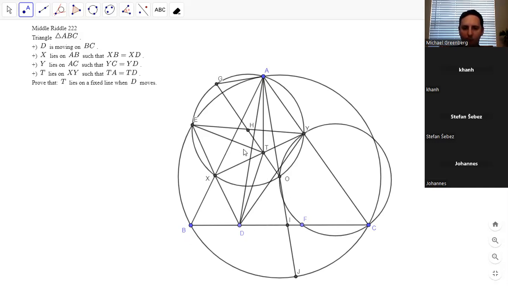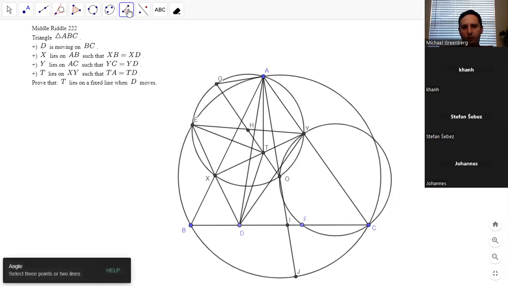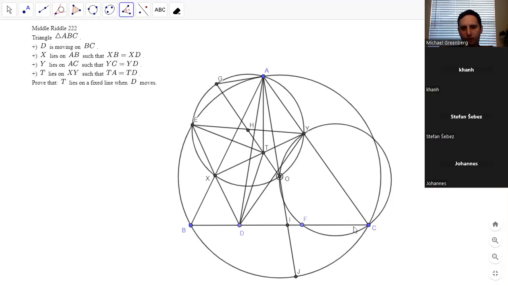So OBX is OAB. Yeah, I don't think these are congruent, but I'll check. It's 28.4.